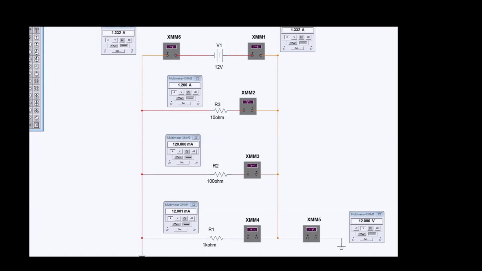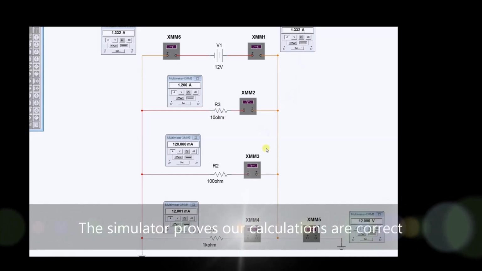I've got this set up in a simulator so you can see how it all works out. When I run the simulator, the current from the source, the total current, 1.332 amps, flows through each branch.